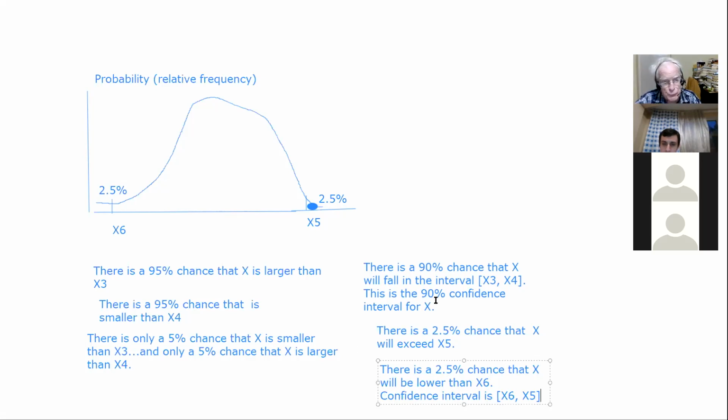So what is the percentage of our confidence interval this time? We have already seen what the 90% confidence interval is. Now, what is it for x6 and x5?